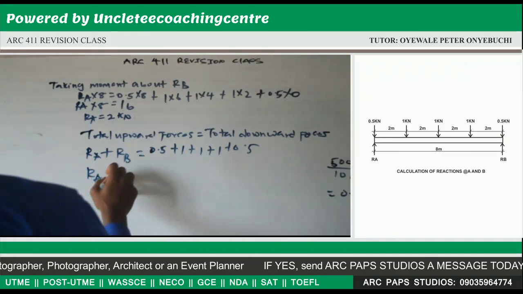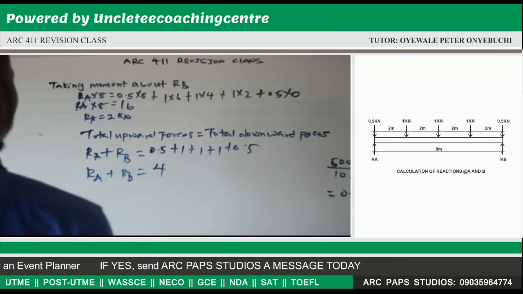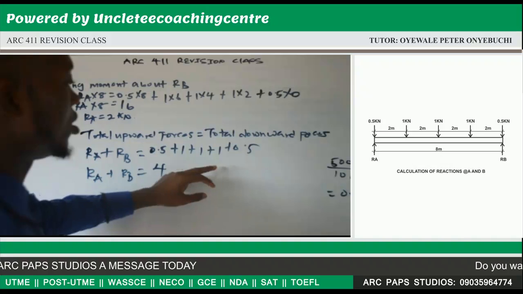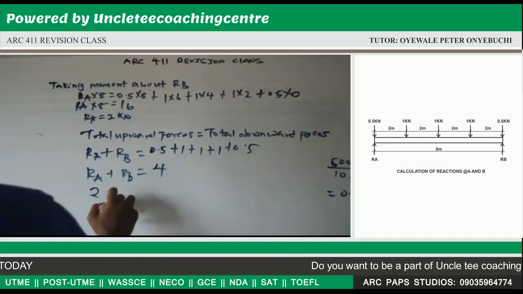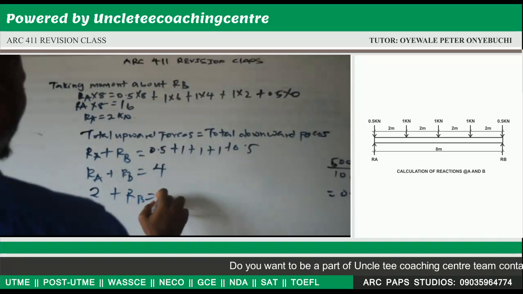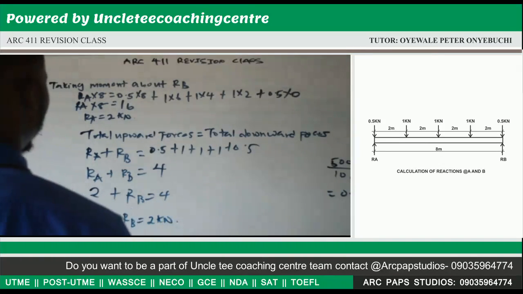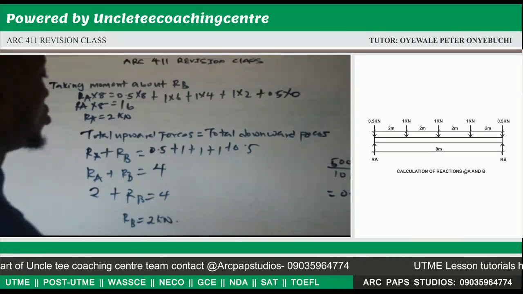Now RA plus RB, everything here will give us 4. How is that? 0.5 plus 0.5 is 1, and 1 in 4 places, so that will give us 4. Now since our RA is 2, it means our RB also will give us 2 kilonewton. So this will be our reaction at A and our reaction at B in kilonewton.